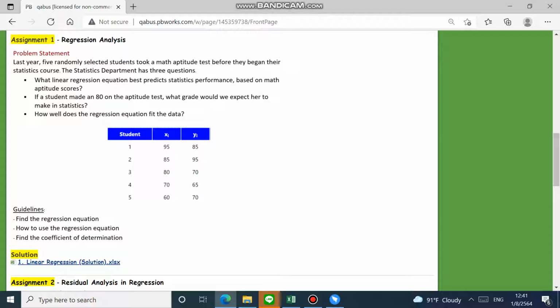And the question is what linear regression equation best predicts statistics performance based on math aptitude score? And if the student made an 80 on the aptitude test, what grade would we expect her to make in statistics? And how well does the regression equation fit the data?